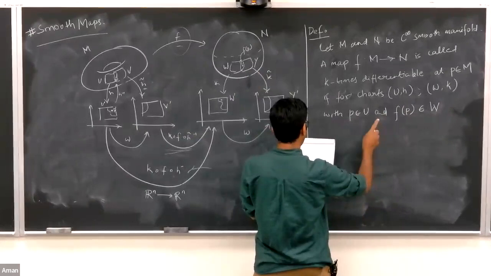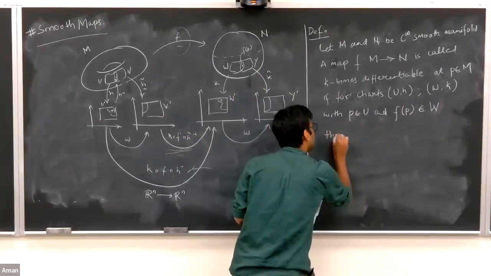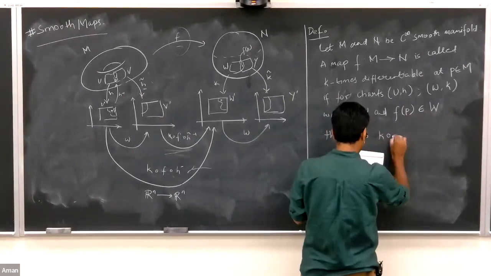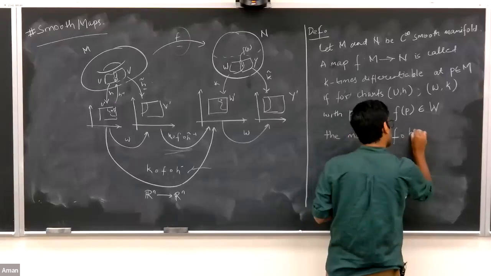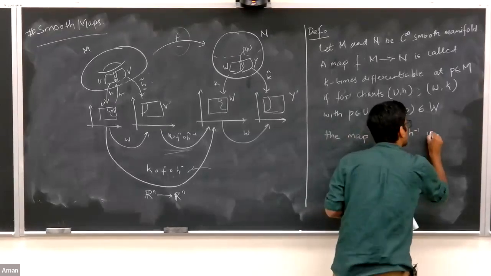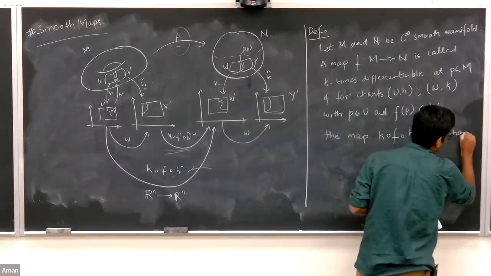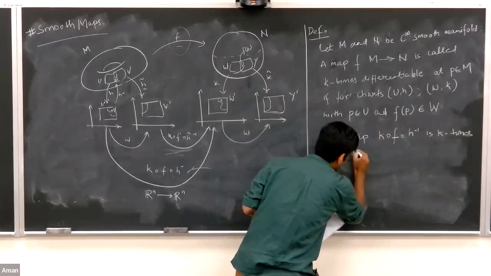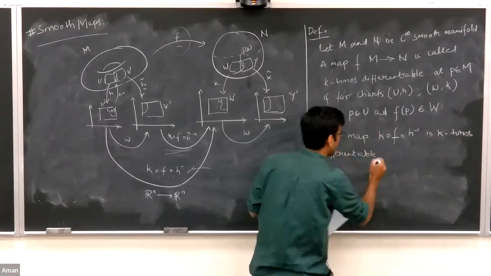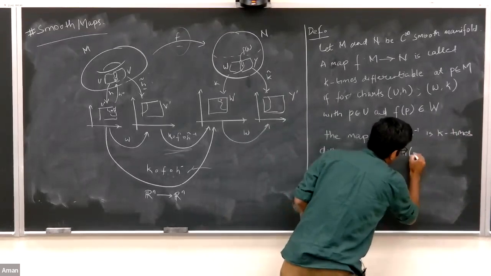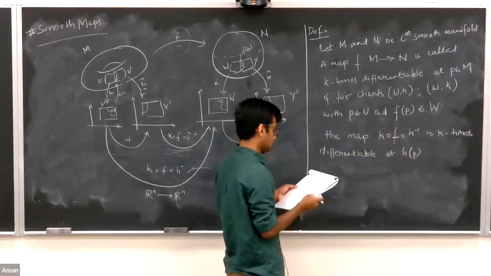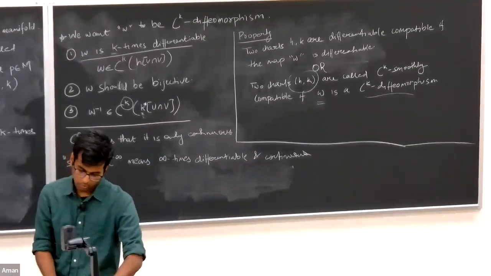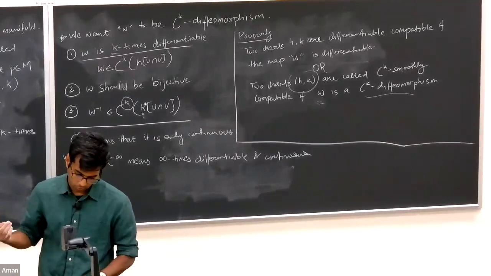F is C^k, k times differentiable, if the map K times F times H inverse is k times differentiable. So that's just a definition that we built up using all of this.